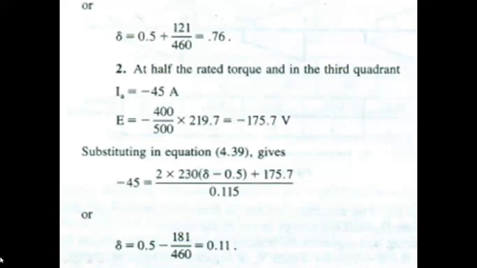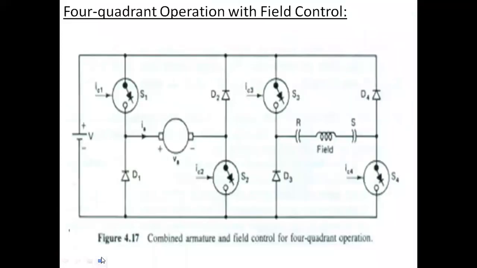So this is the last problem. Next topic is closed loop. Before going to the closed loop, we have to complete this simple topic, 4-quadrant operation with field control. When we are taking field control, it is required for getting speeds which are higher than the base speed.